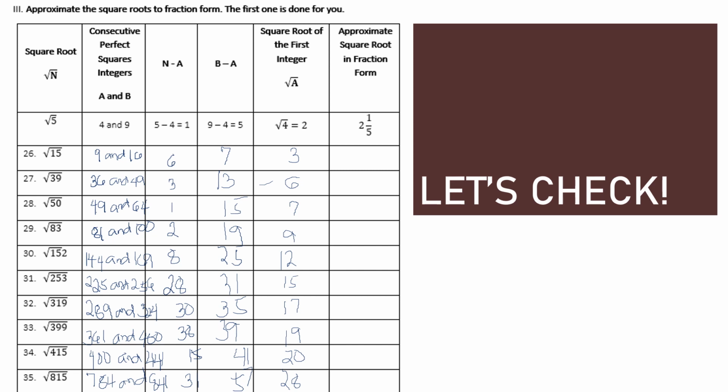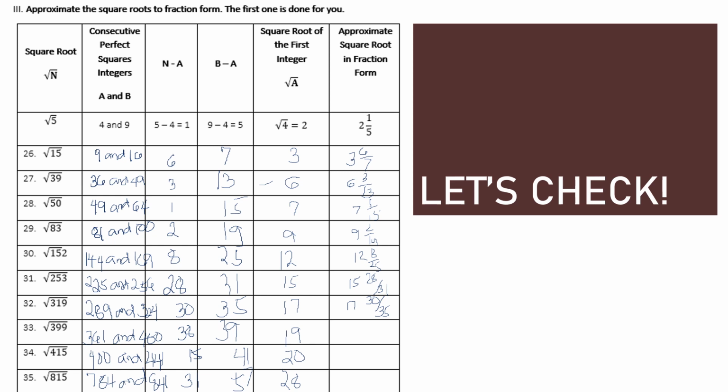So number 26, we have 3 and 6 over 7. Number 27, we have 6 and 3 over 13. Number 28, we have 7 and 1 over 15. Number 29, we have 9 and 2 over 19. Number 30, we have 12 and 8 over 25. 31, we have 15 and 28 over 31. Number 32, 17 and 30 over 35.